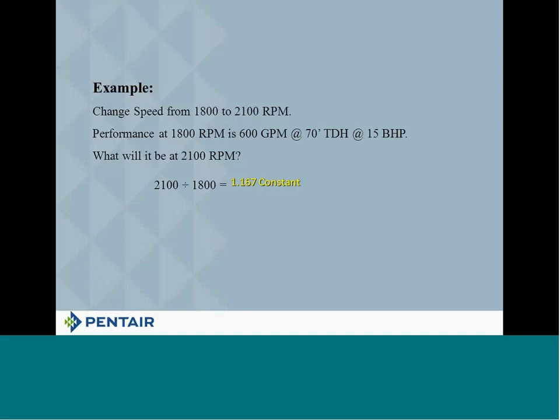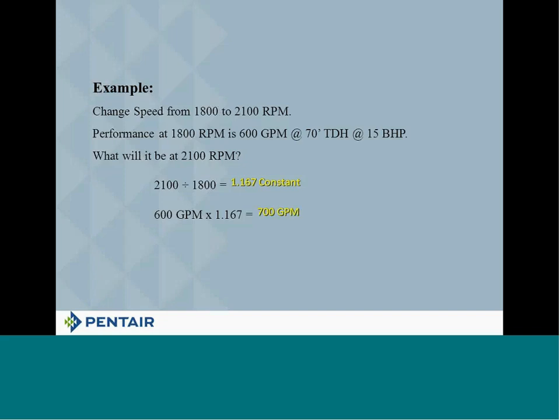And now I've got my constant, which is 1.167. So in other words, I'm changing this speed by a little over 16%, not quite 17%. All right? Remember what we said, flow rate was a 1-to-1 ratio. So I take my flow times 1.167, and I get an answer of 700. It's 700 plus a couple tenths of a gallon.